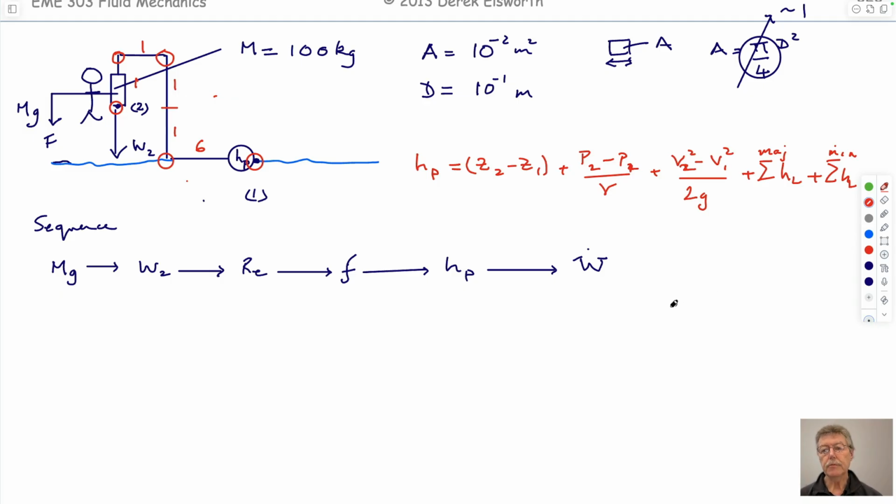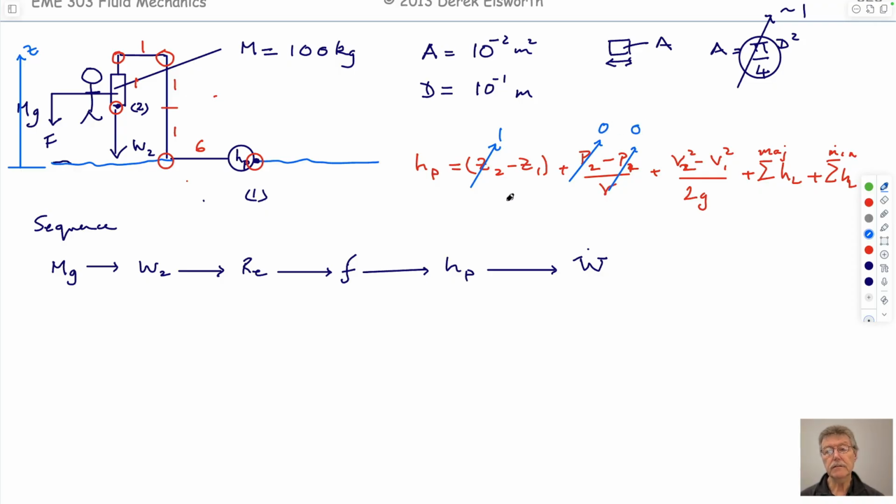And we need to define exactly what our components are, right? So what are they? Well, Z2 is equal to plus 1, if we take our datum as there. Actually, pressure comes in at atmospheric pressure here, goes out at atmospheric pressure here. So these are both 0. Not that they cancel, but they're 0, and they do cancel.